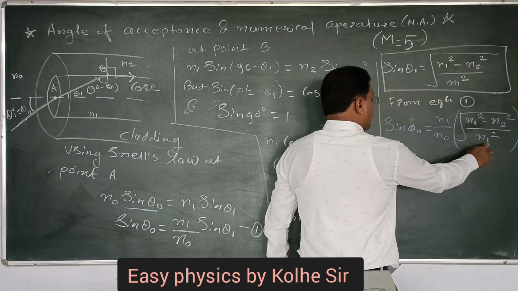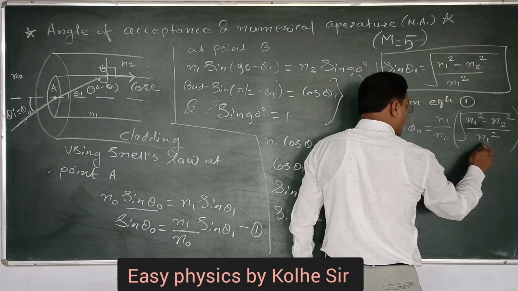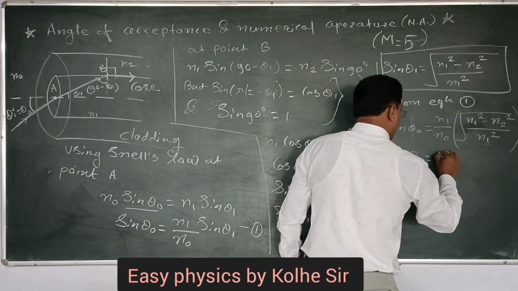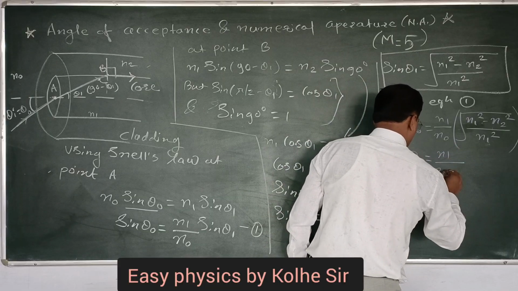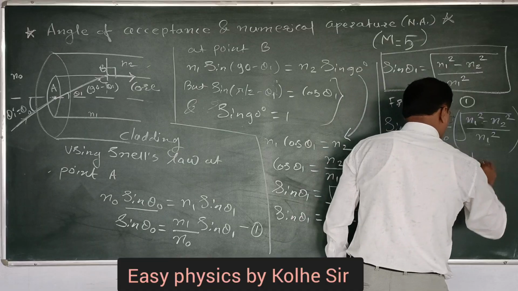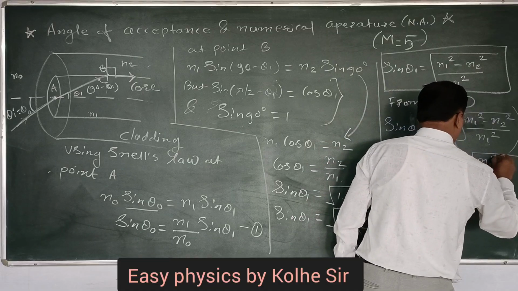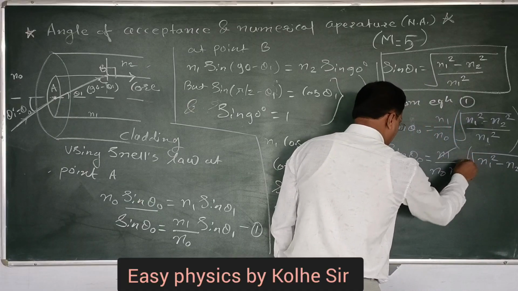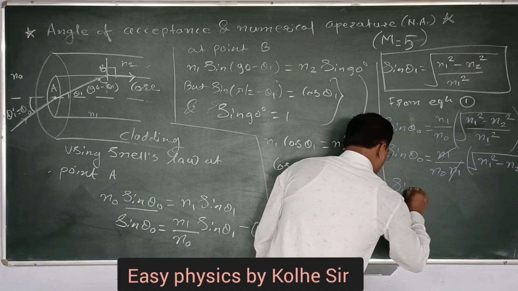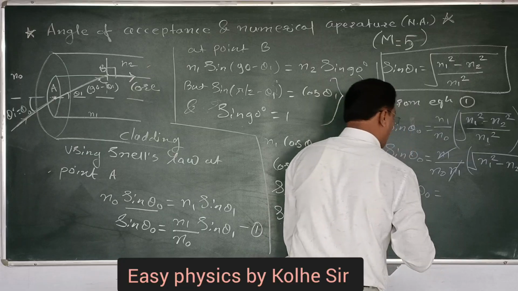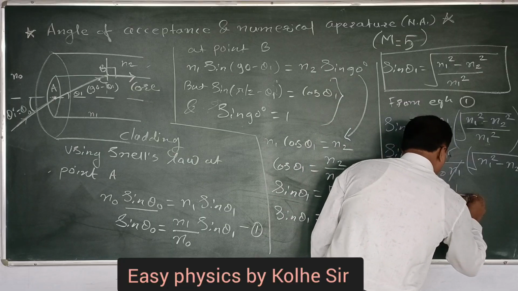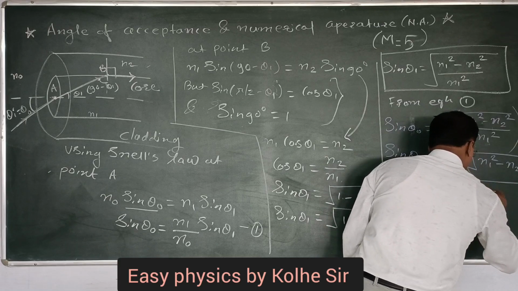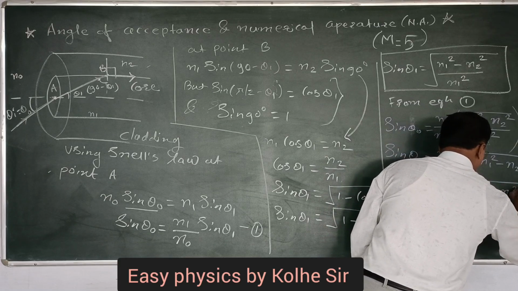Now root of n1 square means n1. So this n1 gets cancelled. Sine of theta suffix 0 is equal to 1 upon n suffix 0 root of n1 square minus n2 square.